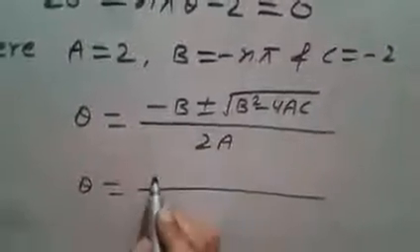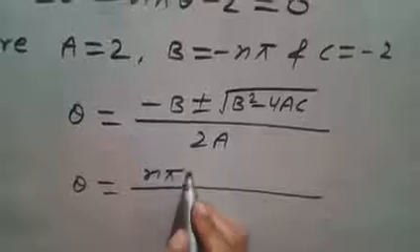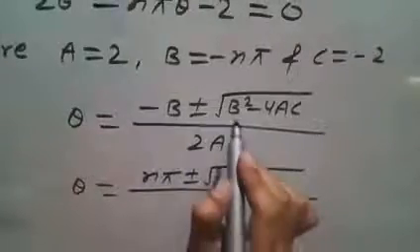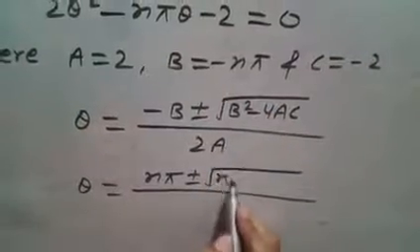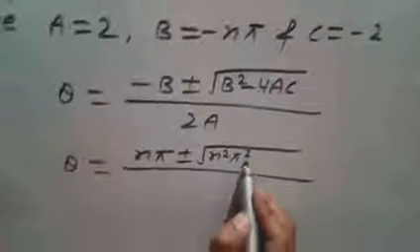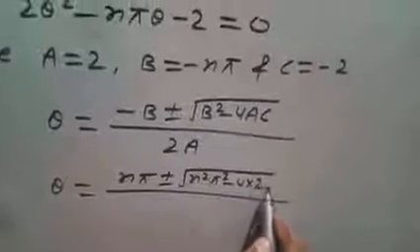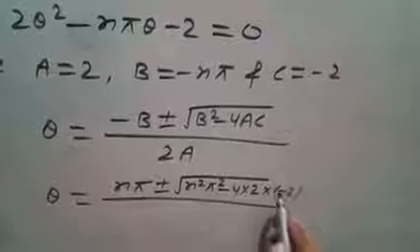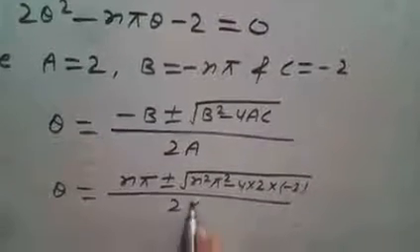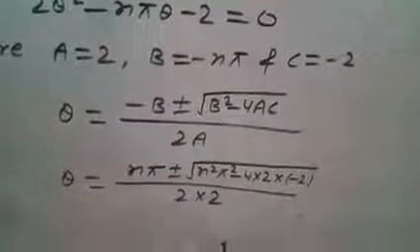The value of b is -nπ, so here it is plus: θ = (nπ ± √((-nπ)² - 4(2)(-2)))/(2 × 2), because the value of a is 2.